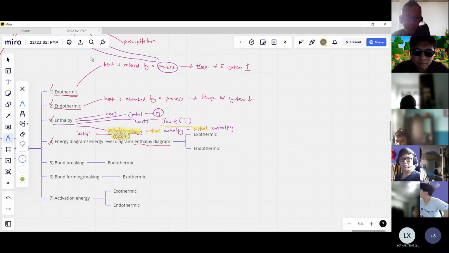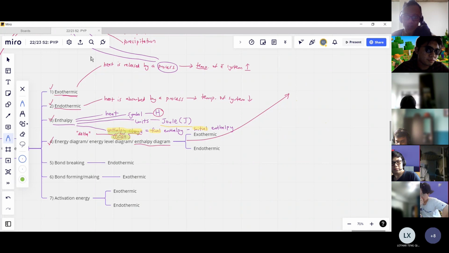The first kind of diagram will be the easy one. Let's just give you an example.